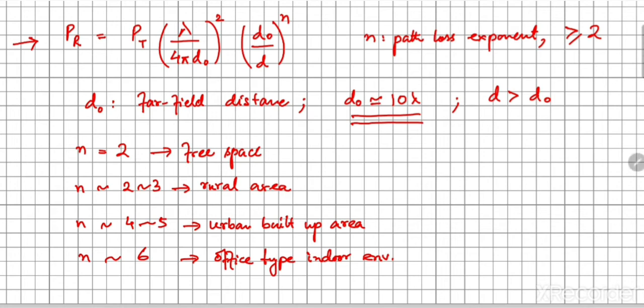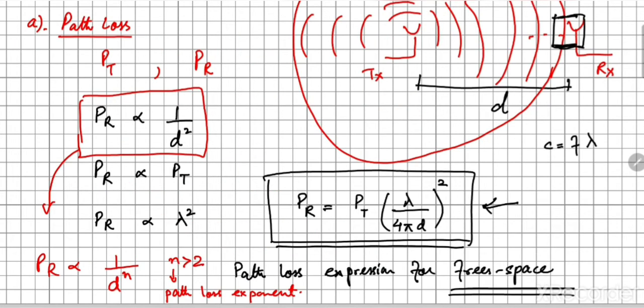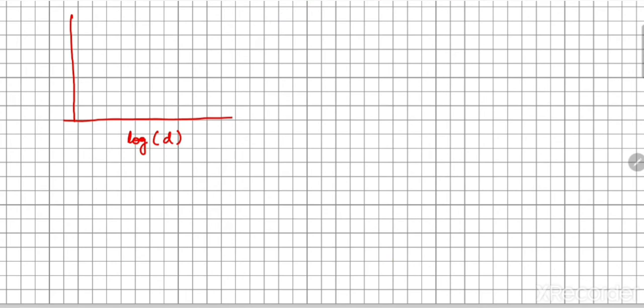We can also visualize this trend in terms of such a graph. If we plot log of d on the x-axis, we start with the free space path loss model. So I'm going to write that expression again. PR is equal to PT times (lambda by 4 pi d) whole square.